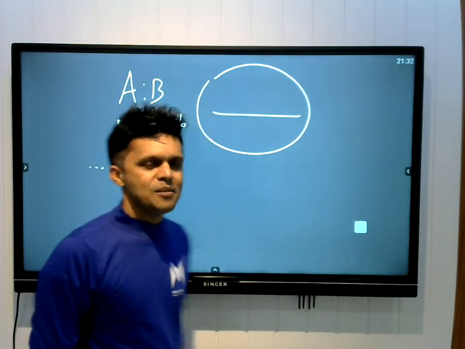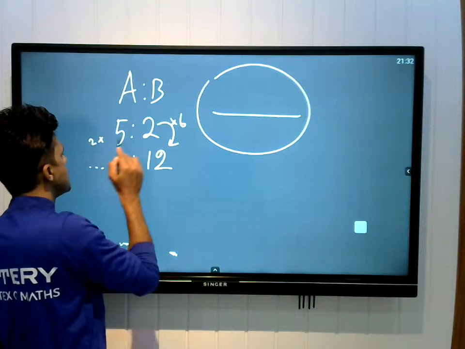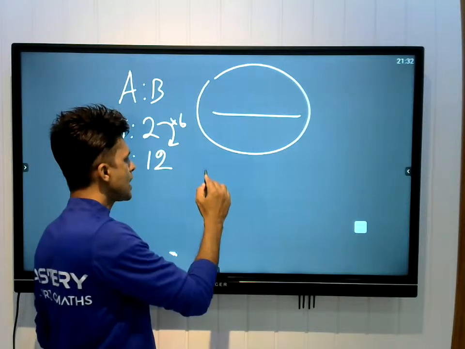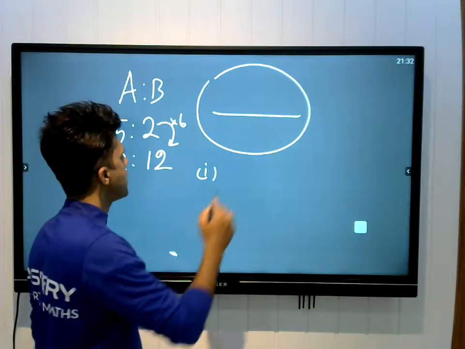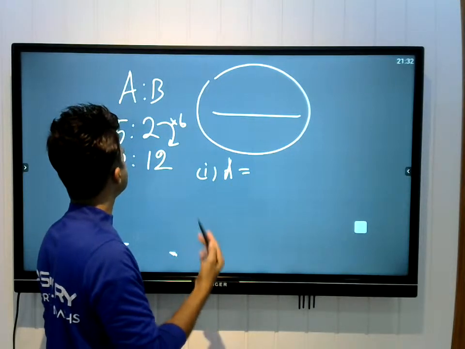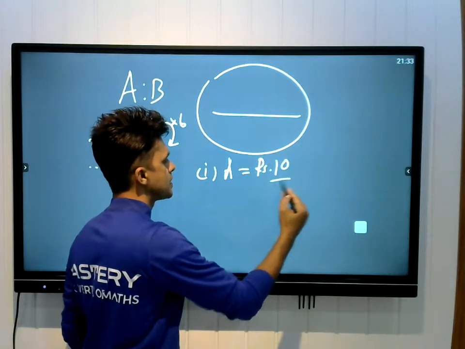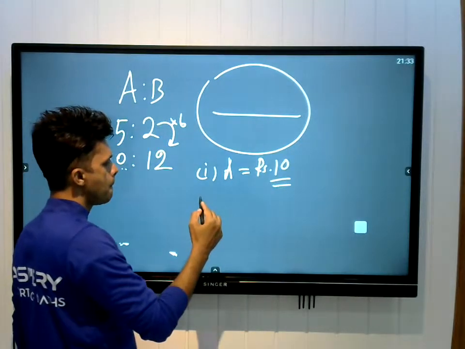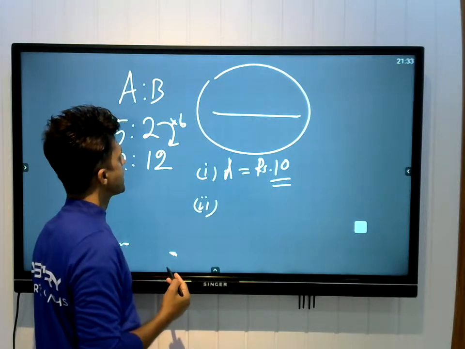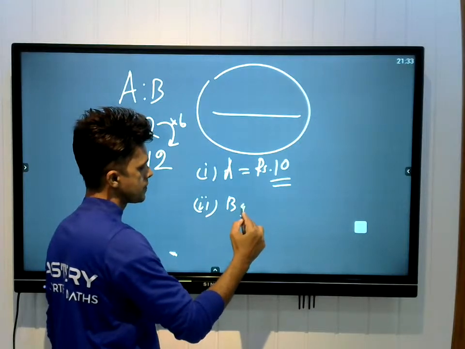Likewise, here this 5 also can be multiplied by 6. Then 6 times 5 is 30. Here we can take the amount taken by A. A is given 10 rupees. B has been given 12 rupees.